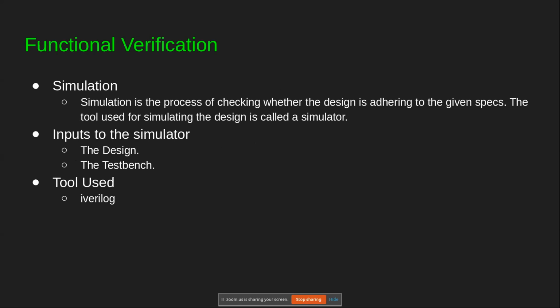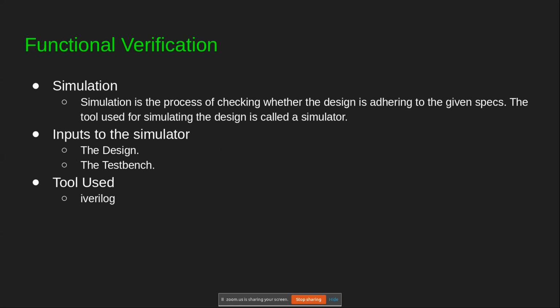The first step in front-end digital design, after you have your code, is verifying it. So the first step is simulation. You have the design, and you want to make sure that it is working as per specifications. So you have your input, which is your design as well as the test bench, and you feed it to the simulator. You observe the output waveforms and check whether it is performing as per the requirements.